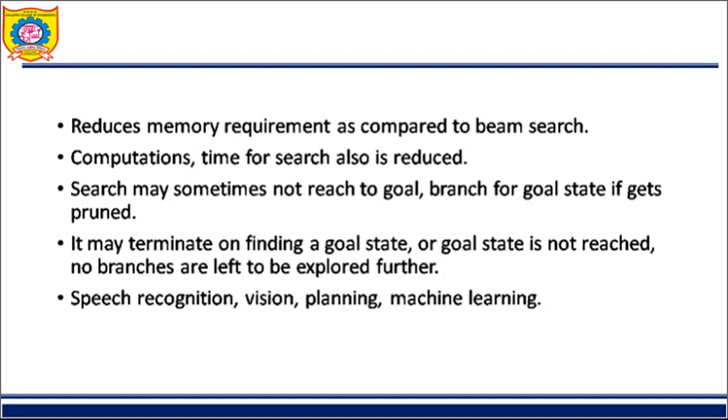Sometimes I'll get the goal state and it will terminate, or sometimes the goal state will not be reached only because the branches that had the goal state were already pruned. So that is one drawback, because we prune. But computations are reduced, time for searching is reduced, and memory requirement has been reduced.